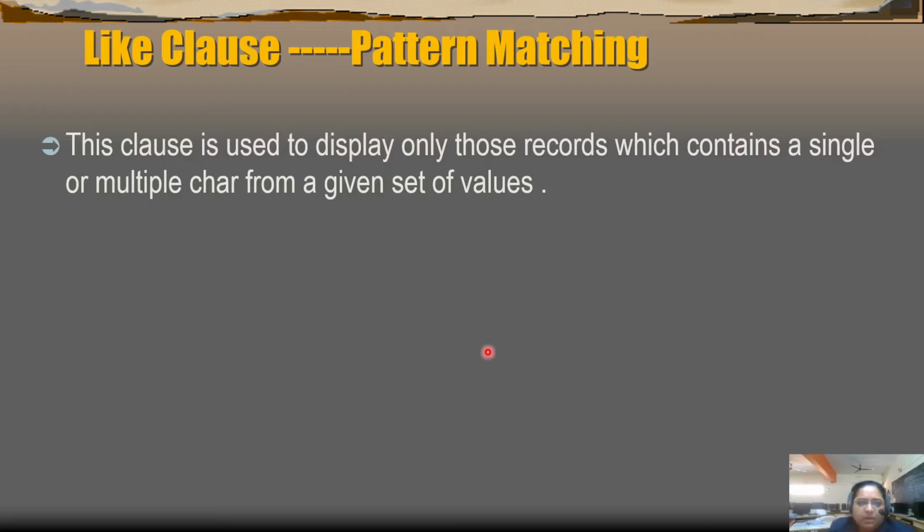Many a times we are looking for the people with the same last name, or people whose name starts with a certain character, or their names contain a certain character. They could be arbitrary characters before that given character, or even after that given character.